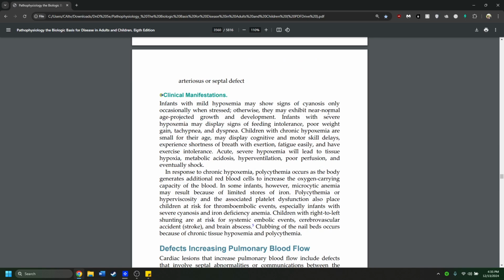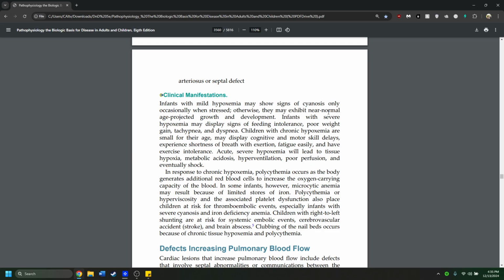So what are our clinical manifestations? Well, infants with mild hypoxemia may show signs of cyanosis only, occasionally when stressed. Otherwise, they may exhibit near normal age projected growth and development. Infants with severe hypoxemia may display signs of feeding intolerance, poor weight gain, tachycardia, and dyspnea.